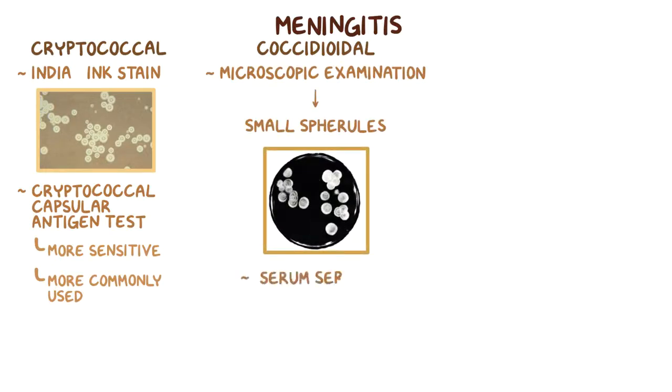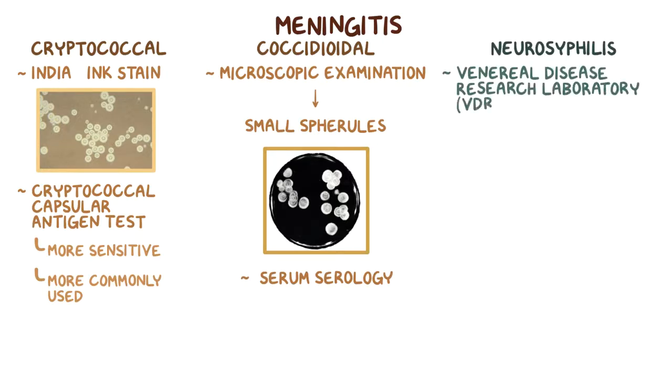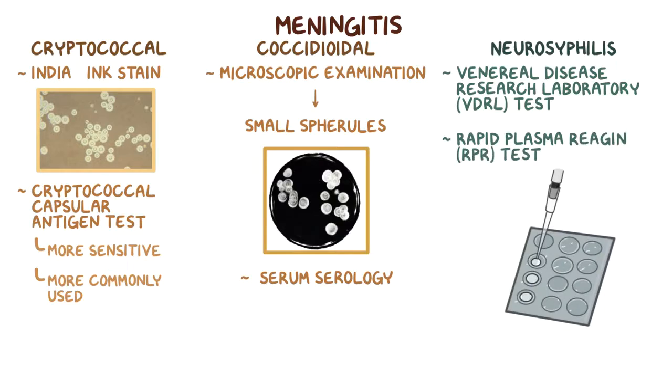However, serum serology is the mainstay of diagnosis. Due to the advent of penicillin, neurosyphilis is extremely rare. However, if suspected, a venereal disease research laboratory, or VDRL test, as well as a rapid plasma reagin, or RPR test, can be obtained on the CSF.